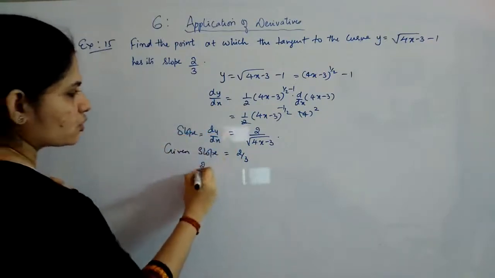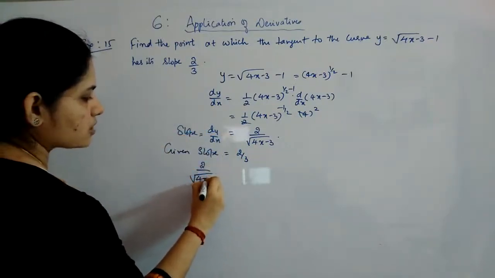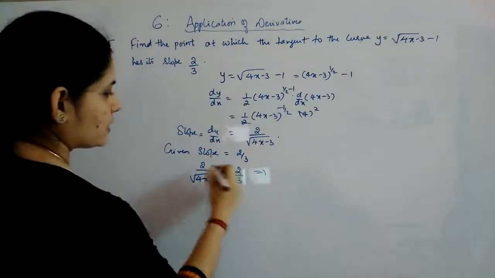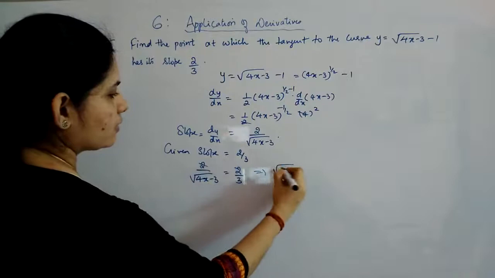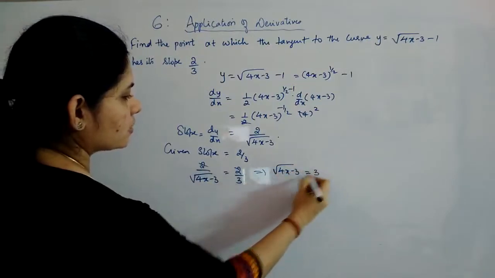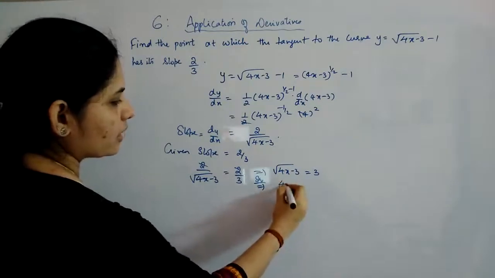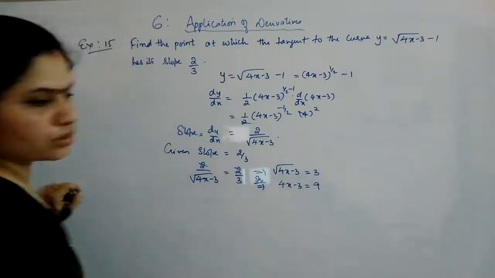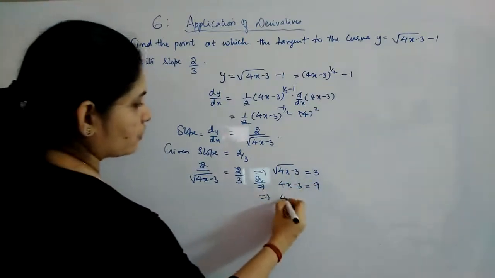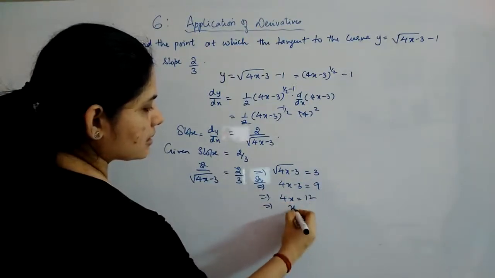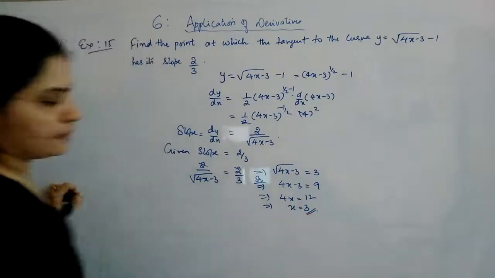So we will get 2 by root of 4x minus 3 is equal to 2 by 3. The 2s cancel, and taking the reciprocal will give you root of 4x minus 3 is equal to 3. Squaring both sides, you will get 4x minus 3 is equal to 9. So 4x is equal to 9 plus 3, 12, or x is equal to 3.